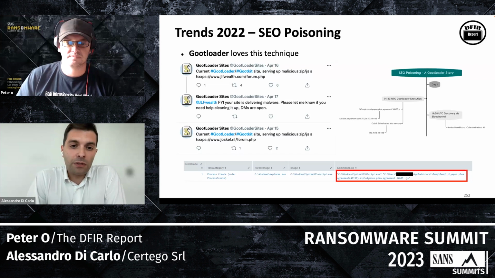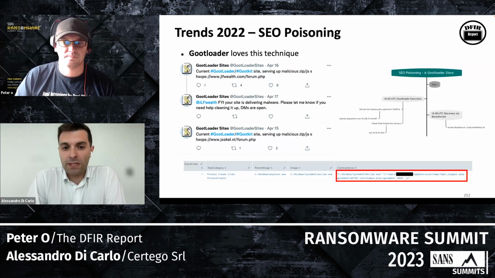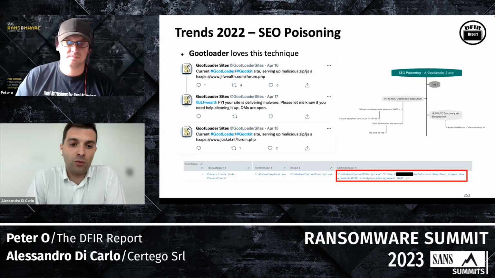After that, the user clicked on the second search result, landing on a website that triggered the download and the execution of a malicious JavaScript file. Upon execution of the malicious JavaScript file, Gootloader employed an encoded PowerShell script to load Cobalt Strike, and this enabled the threat actor to establish persistence on the host.